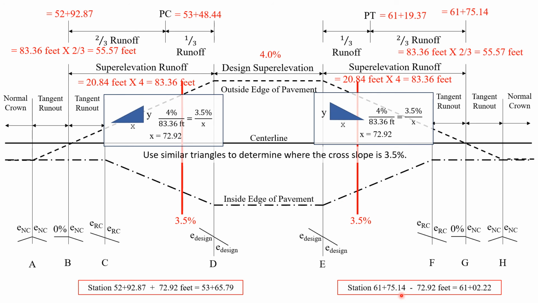So 61 plus 75.14 minus 72.92 feet gives us a station of 61 plus 02.22, where we're going to have 3.5% cross slope. So again, the final answer, 3.5% cross slope, happens at 2 points. Station 53 plus 65.79 and station 61 plus 02.22 on the PC side and the PT side of the curve.